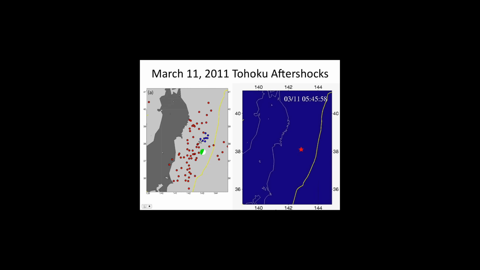So in terms of when that rupture turns up dip, you'll see that there's no real break in the energy release. It's all very continuous. So you could argue that that's just a sequence of aftershocks, and that would be very interesting. But from our perspective, we're looking for breaks in the energy distribution, and we just don't see that. So we're interpreting that as a part of the main shock.